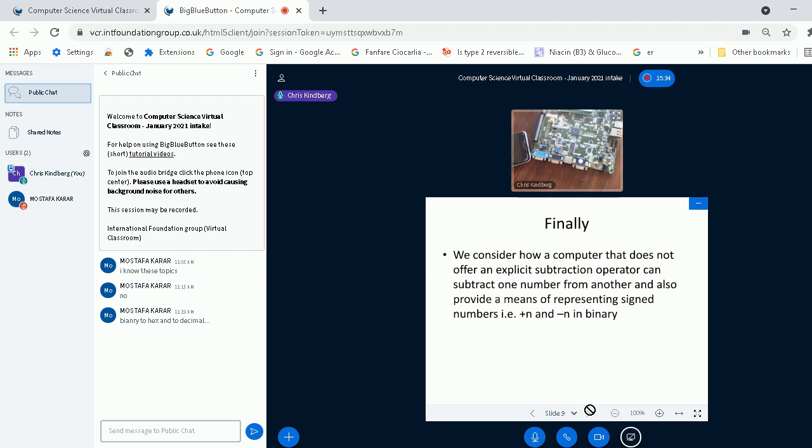So the question is, how can you actually perform subtraction on a computer that doesn't offer a little bit of hardware that does subtraction, or doesn't even have an instruction for subtraction? I think the computer architecture did have a decrement operation. You decrement a given number in the accumulator by one, and we had that, but nothing else.